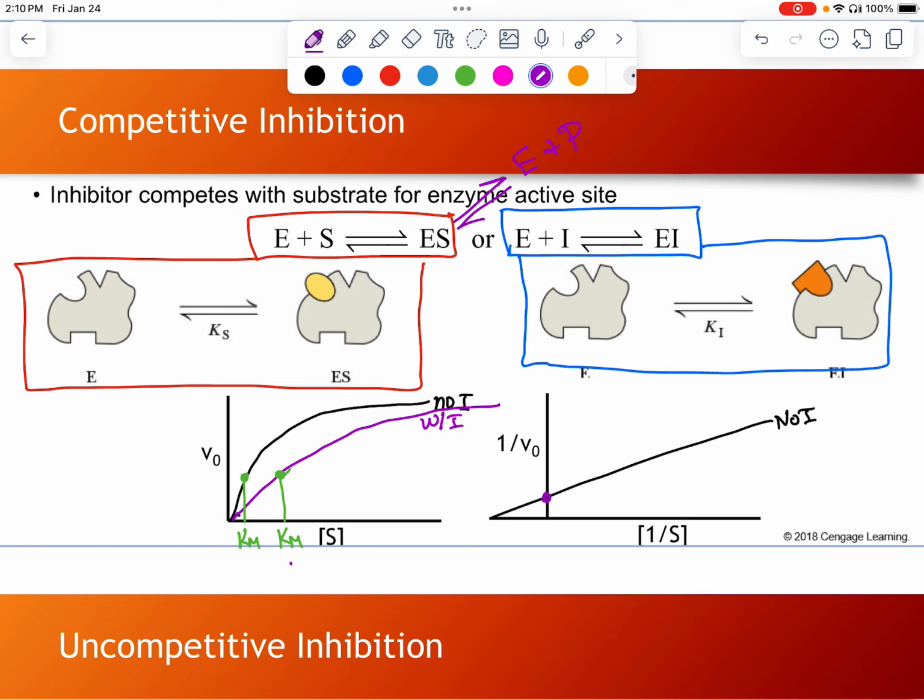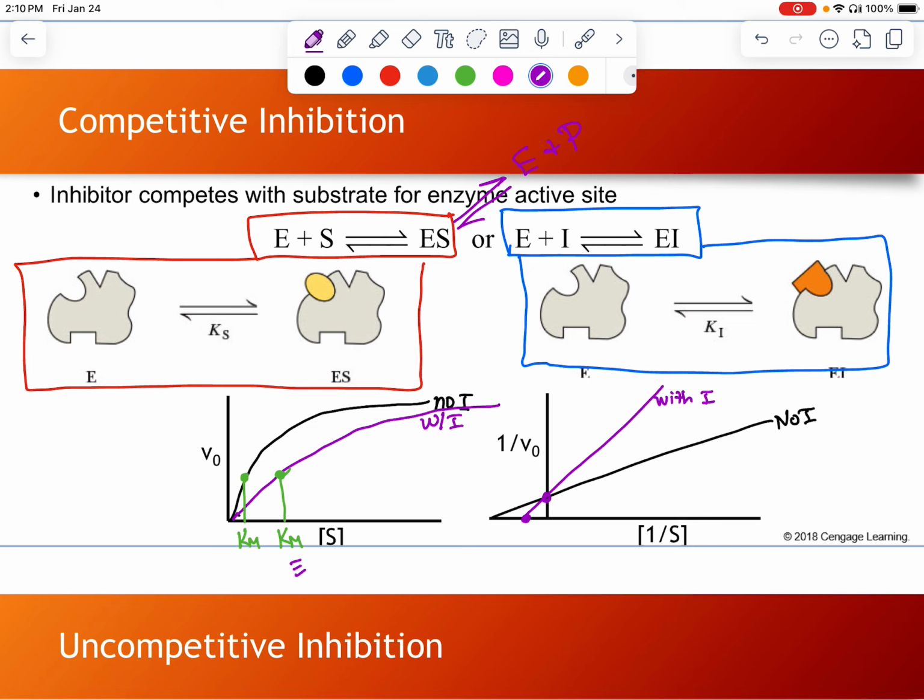But I know that Km is increasing, so 1 over Km would be closer to the origin. So I'm going to see a new line with a different slope. Okay, and this would be with the inhibitor, that looks like that. So if I saw these kind of crossing lines with the same y-intercept, I could say, wow, that's a competitive inhibitor.